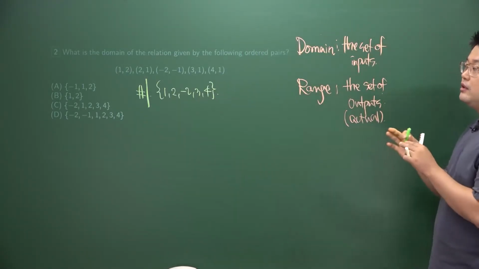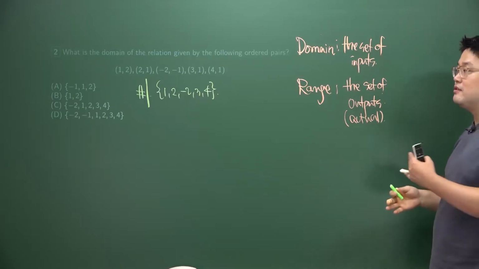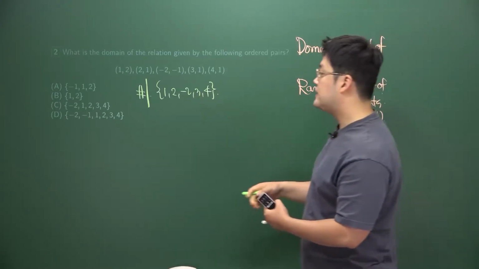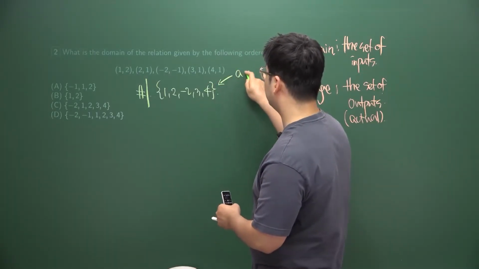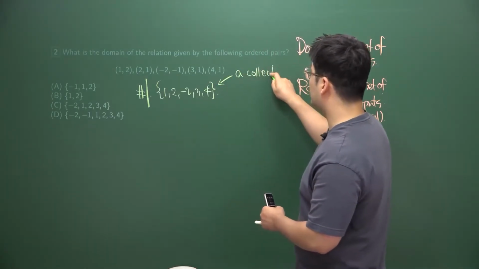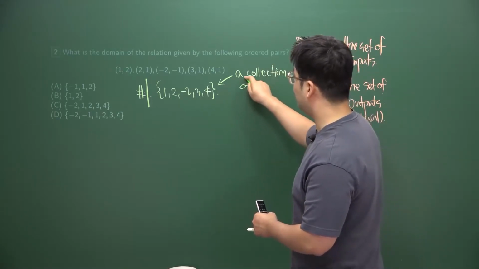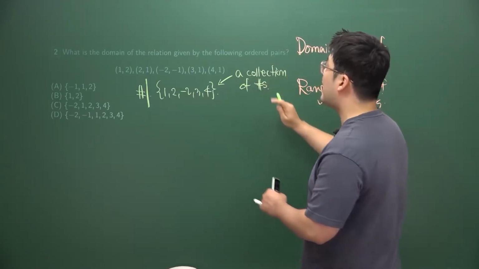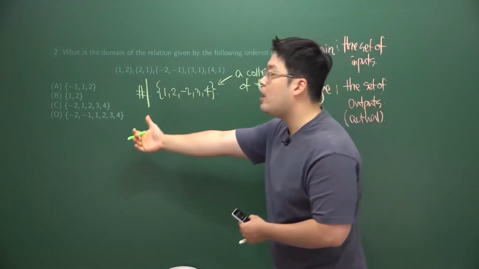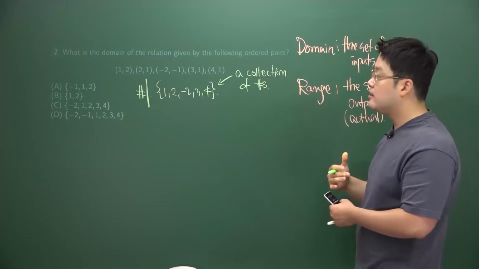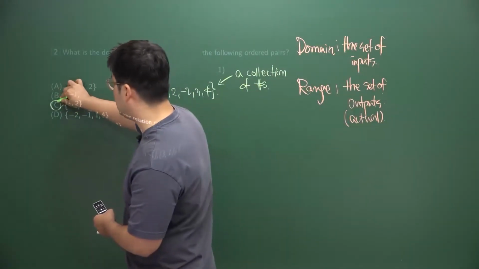We're only counting the values that appear in the positions of x. And since this is a set, a collection of numbers, we don't have any order attached, but normally we write it from the smallest to biggest. So in our questions, the answer must be C.